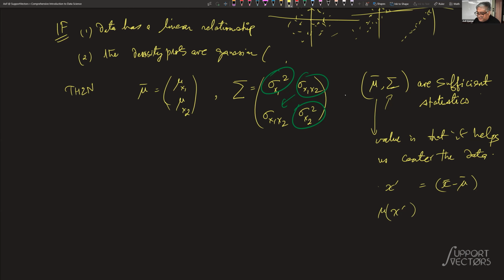Yeah, you would agree that the mean of this by definition is 0, right? Because it will be equal to mu of the x vector minus the mu vector itself, and this is nothing but mu minus mu is 0, right? So in other words, if you center your data around mu, you have extracted all the information that you could from the mean.